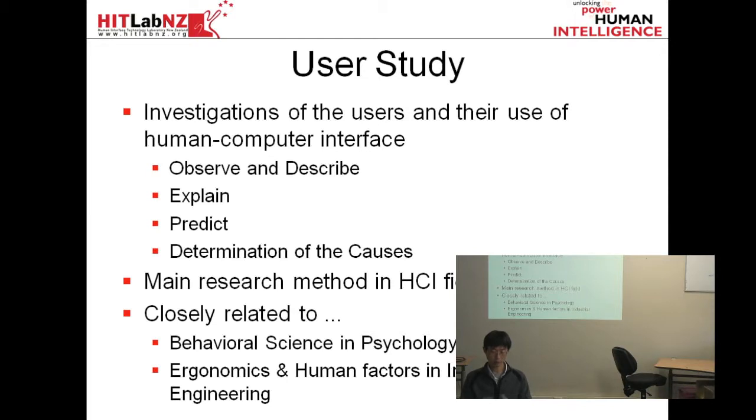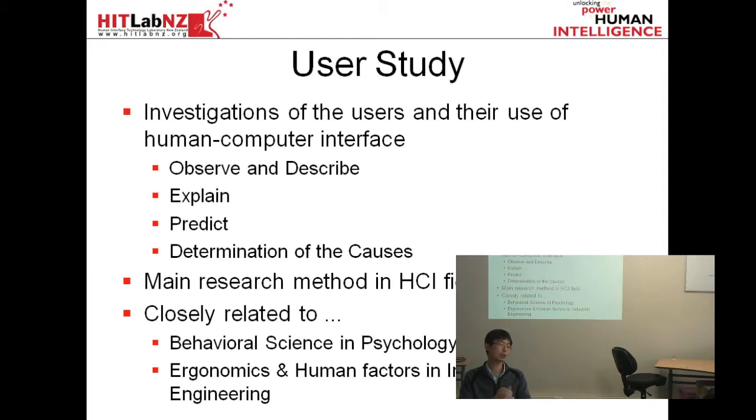So again, evaluating your user interface against users, which is called a user study, is the main method used in the HCI field. And since it's about the users themselves, how they behave, it's very closely related to other fields of study, such as behavioral science in psychology, or in industrial engineering, where they look into ergonomics or human factors, which is how people easily get fatigued or tired when the button is too big or the lever is too stiff.